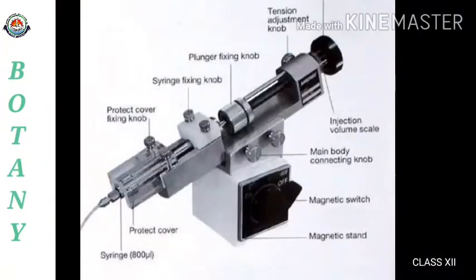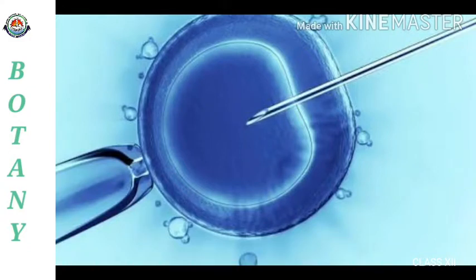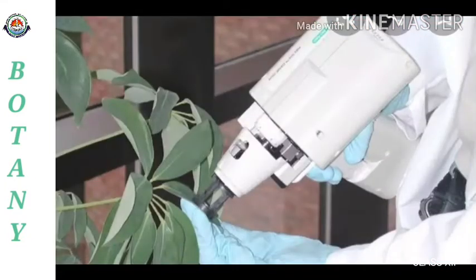These are the pictures of micro injector equipment, and this is a microscopic view of a micro injection. This is the biolistics process, that is by using a gene gun.